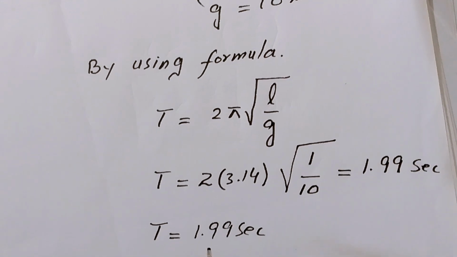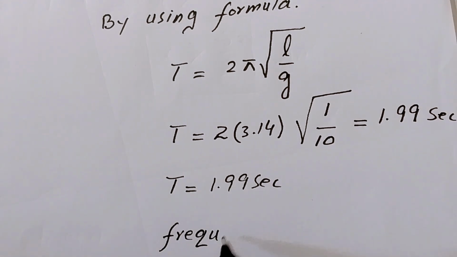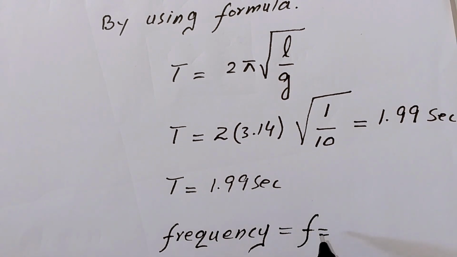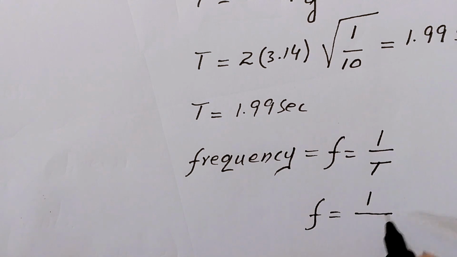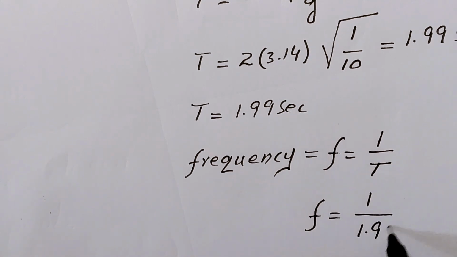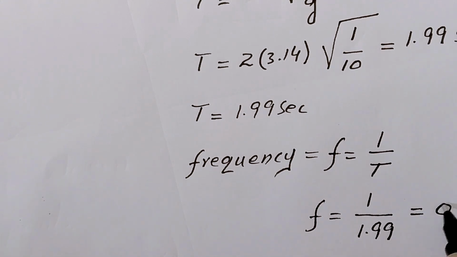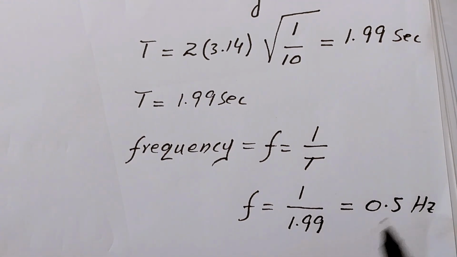So now we have to find the frequency f, that is equal to reciprocal of time period, and by putting value of time period here 1.99, it will give us 0.5, and frequency is measured in hertz, so this is our answer.